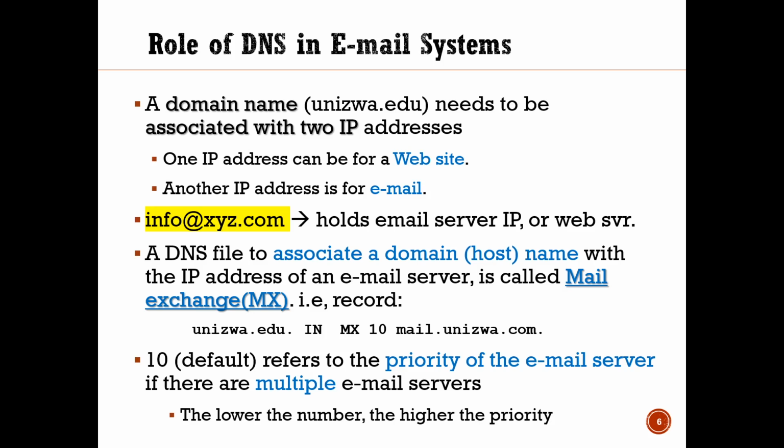All right, so here we talk about the role of DNS in email systems. For example, the domain name uniswa.edu needs to be associated with two IP addresses. One IP address should be for the website and the other for the email, meaning we need an email server and a web server.